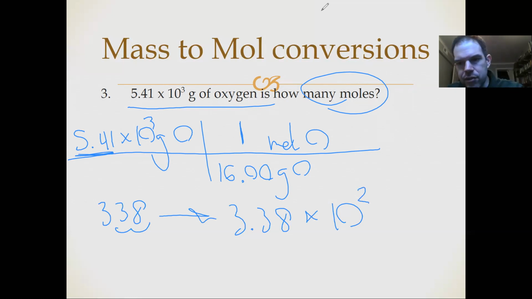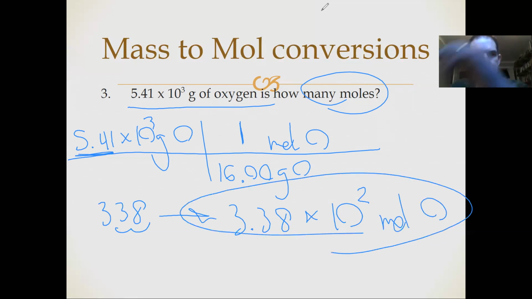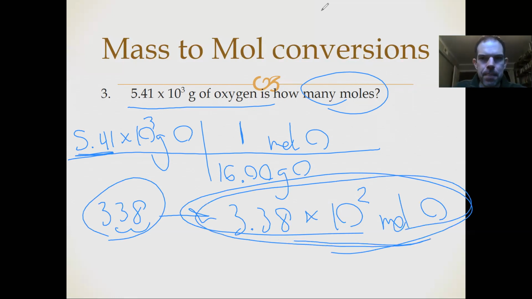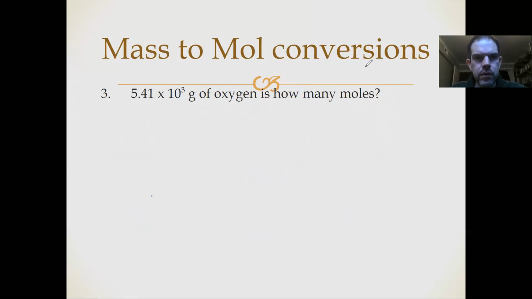And then it needs to be moles oxygen. Can't forget that. Now, if you did 338 moles oxygen, that's right, or 338.1 or whatever moles oxygen, that's also right. This one on the right side here is the one that would give you the extra credit. Okay. So let's go ahead and do some of the other direction here.